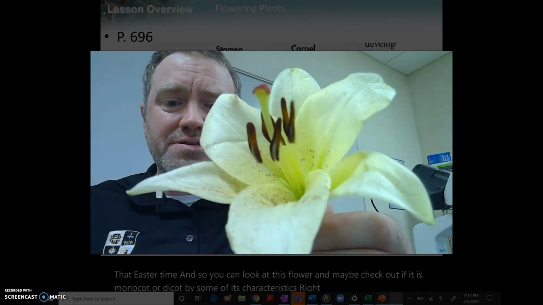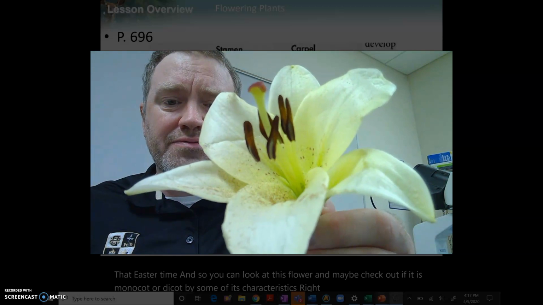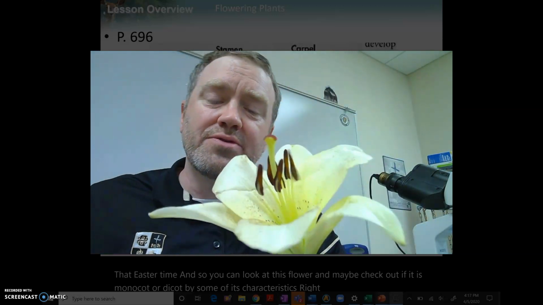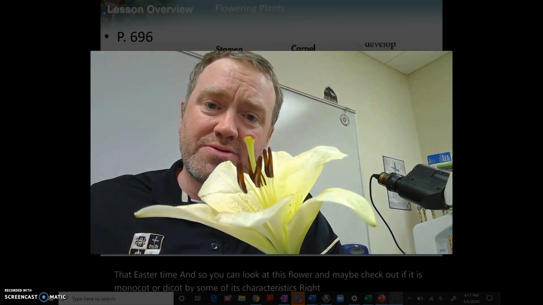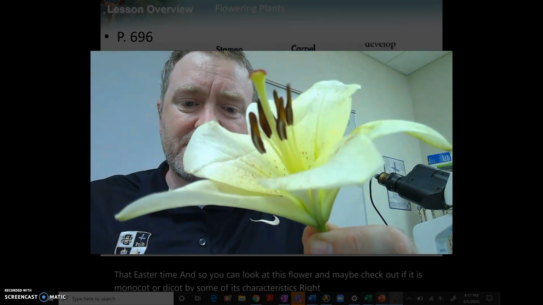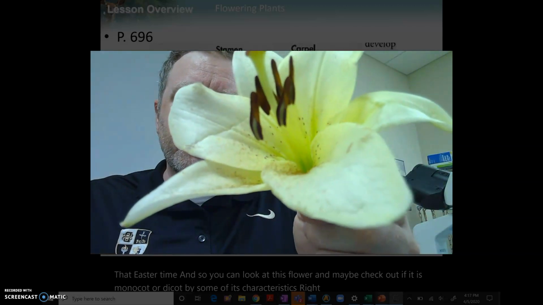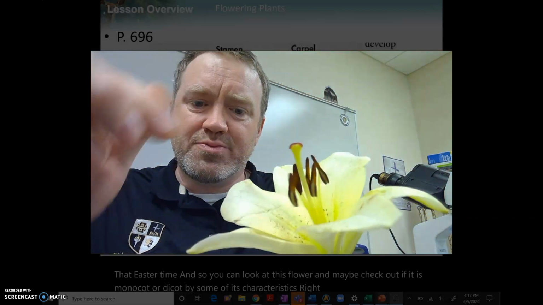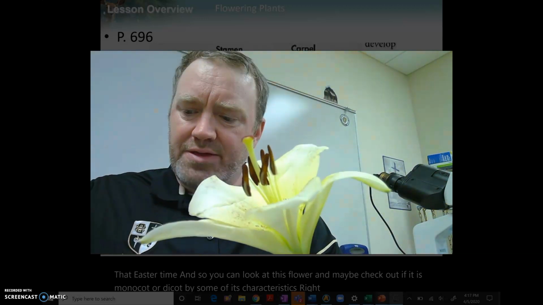Monocot or dicot? Let's see, count the petals. 1, 2, 3, 4, 5, 6. It's a monocot. And you'd know that too if you looked at the stem a little bit or other characteristics like its roots. You can also see that there's tons of pollen on the leaves too. You can see the black little dots. So these anthers are spreading that pollen around, the anther and the filament.